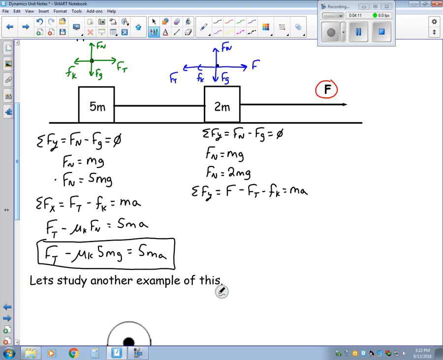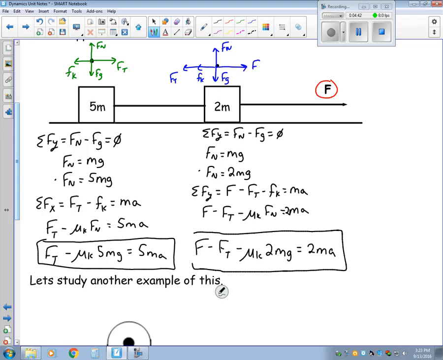It said in the problem it's accelerating, so it's going to equal ma. I know what the normal force is. I should have put a 2 in front of there. This gives me a second equation.